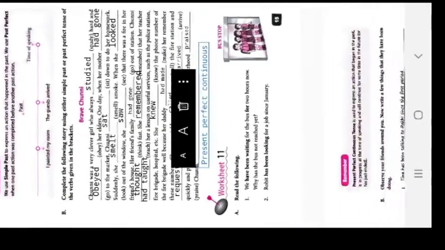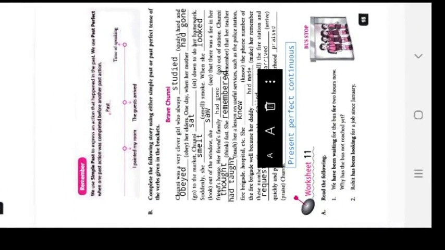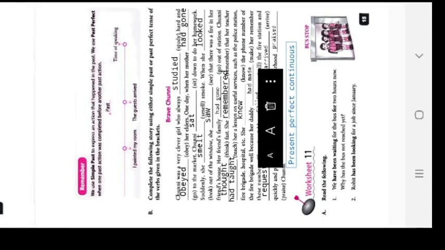What is this present perfect continuous? So this present perfect continuous means that the action has already happened in the past. It has started and it is going on right now, and for some time it will continue in the future also.